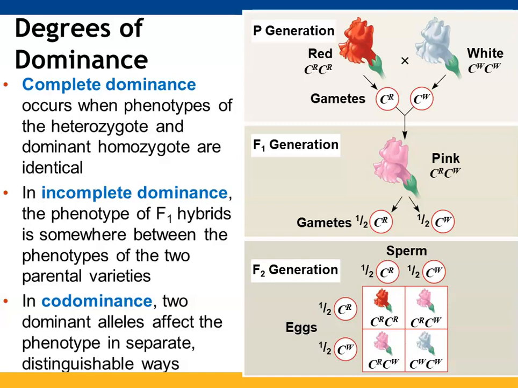With codominance, you actually are going to show both traits that you would see with dominant and with recessive. I know here we're showing just the incomplete dominance form with that particular picture, showing that the heterozygous form of snapdragons would produce pink snapdragons. If the color of snapdragons was codominant, you would expect to see both red and white on the flowers that are being shown in this picture.